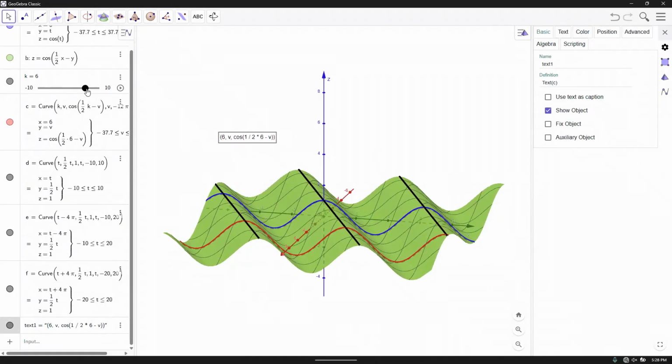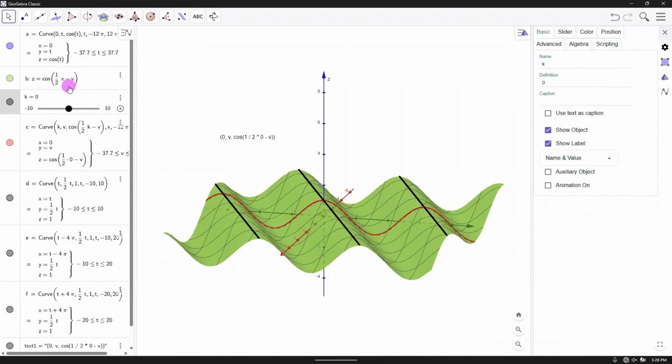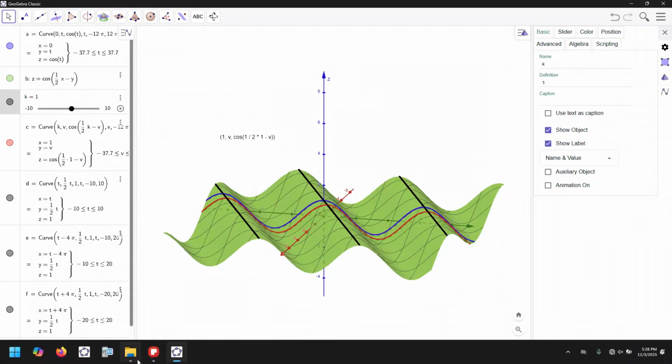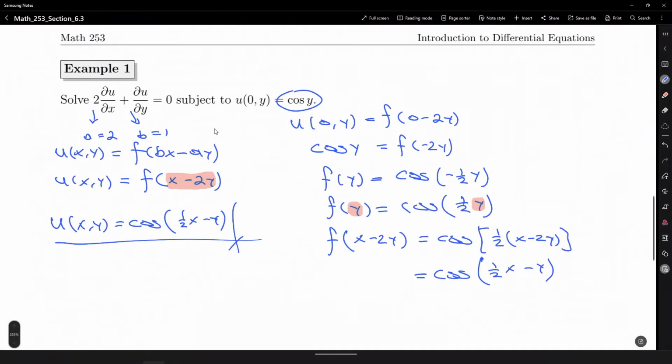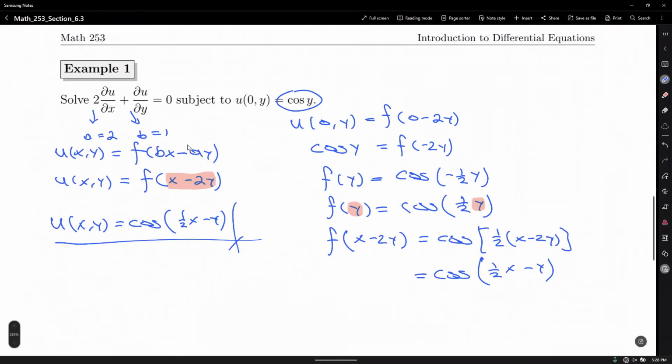And in this case, let me do the version for zero. The zero, that's the actual solution we got initially, right? Equals cosine. So again, I'm going to drag it. See how those diagonal lines are controlling the direction of those curves? Guess what those lines are? Those lines are lines of the form bx minus ay, here x minus 2y. If you solve for it, let x minus 2y equal 0.